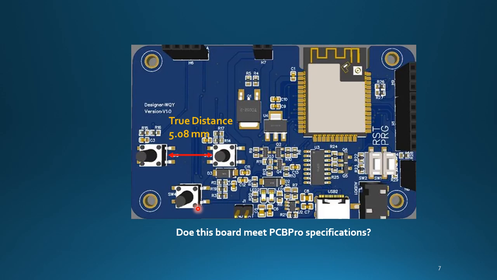To illustrate, consider a board with a true distance of 5.08 mm. Recall that the tolerance is set at 0.2 mm, with an upper specification limit of 5.1 and a lower specification limit of 4.9.